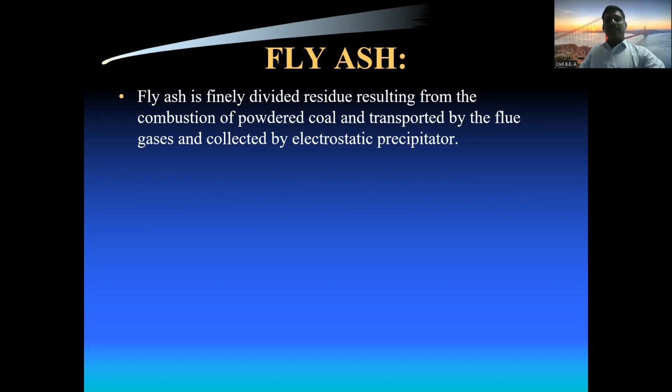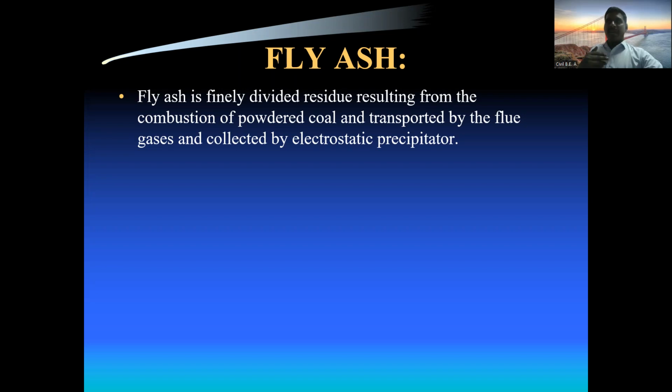Fly ash is finely divided residue resulting from the combustion of powdered coal. How is the fly ash generated? It results from the combustion of powdered coal, is transported by the flue gases and collected by an electrostatic precipitator. As I told, fly ash is a powder.